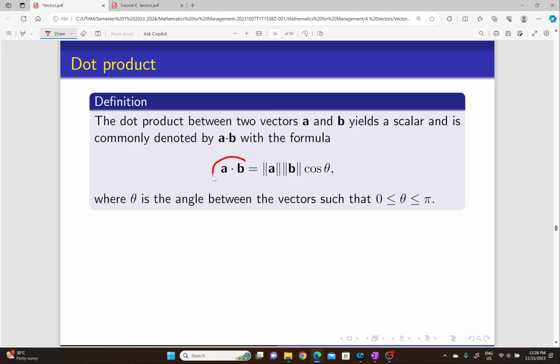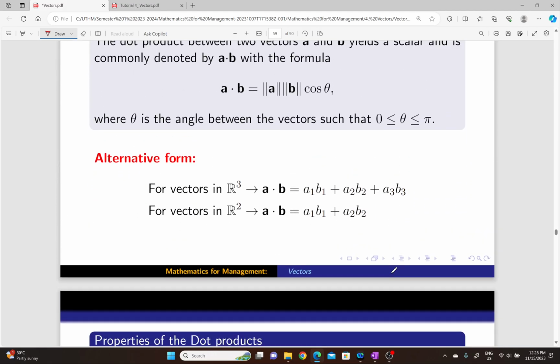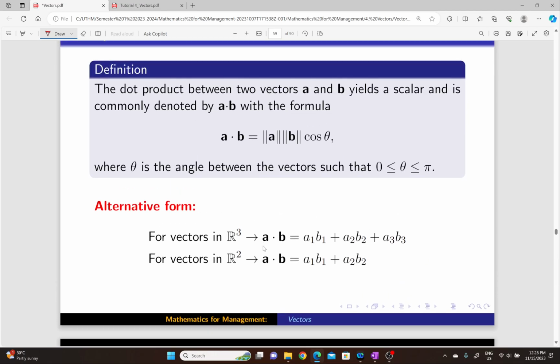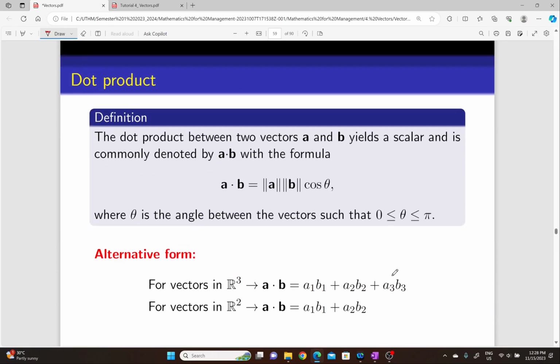Now let us look at this one only: how to find A dot B, which was given here. It's very easy. In 3 dimensions, let's say A is 1 2 3, and B is 4 5 6.